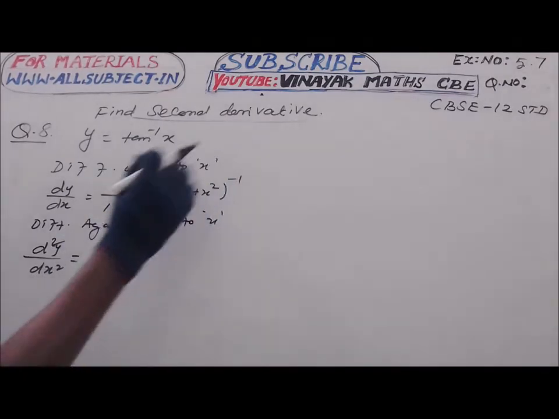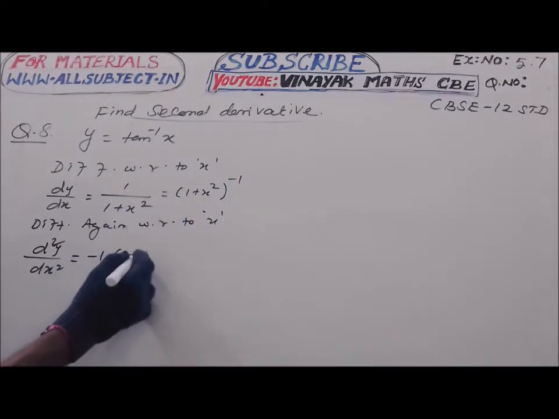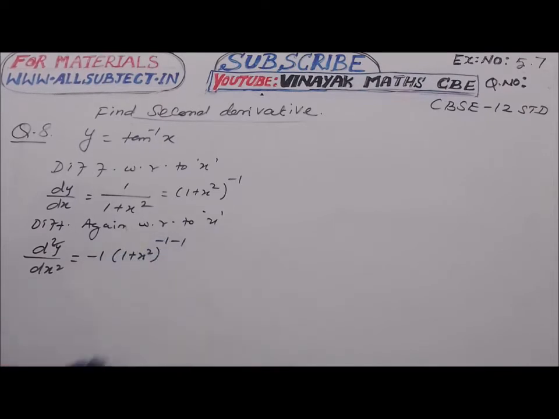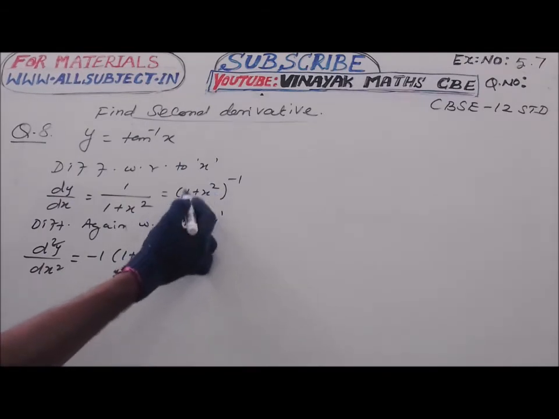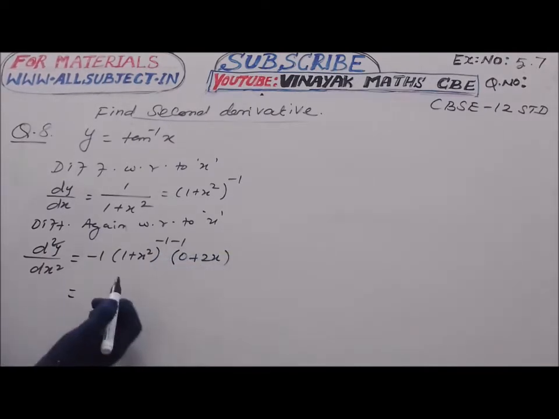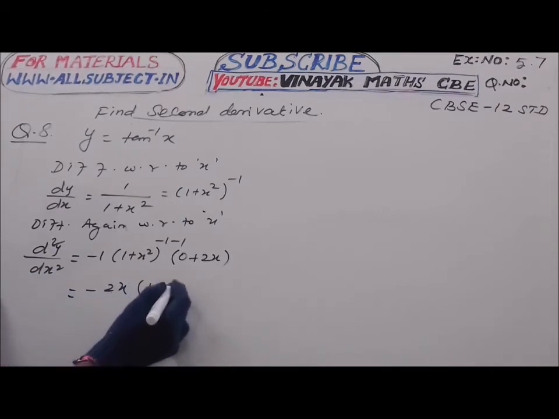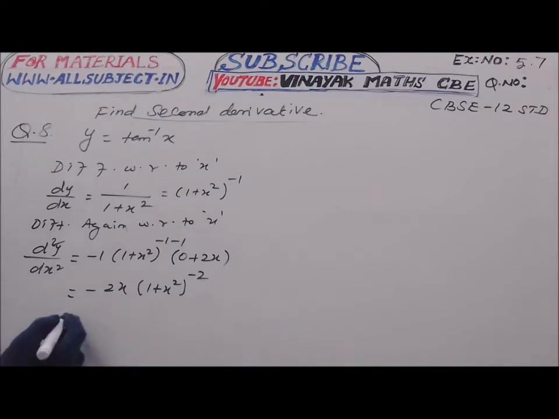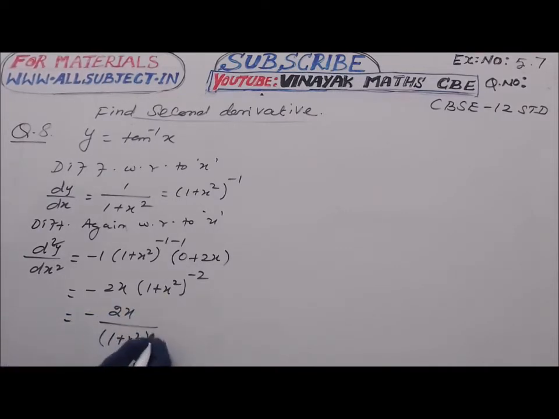First apply exponent formula, that is minus 1 into 1 plus x square whole power minus 1 n x power n minus 1, into, then differentiate the function within the power, that is 1 plus x square is 0 plus 2x, which is equal to minus 1 into 2x is minus 2x into 1 plus x square whole power minus 2, which is equal to minus 2x divided by 1 plus x square whole power 2. This is known as d square y by dx square.